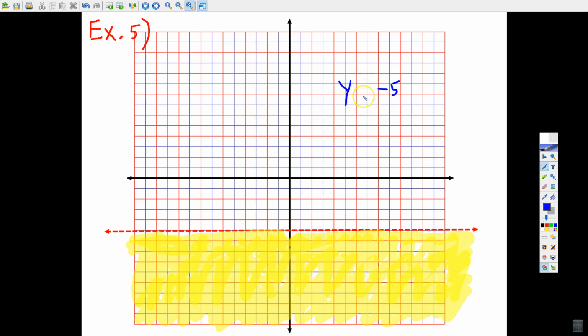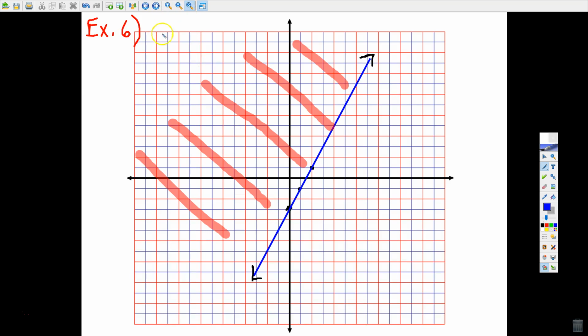So in this particular case, when I indicate shading, I'm going to use the inequality less than. I'm not going to do less than or equal to because that's not a solid line. The points on the line itself do not make this true. But the yellow region indicating the smaller, the less than, -5 will make this true. Okay, so hopefully you understand the equations for vertical and horizontal lines.